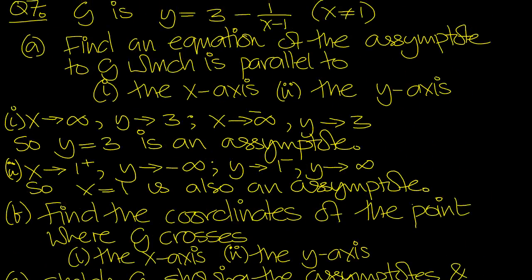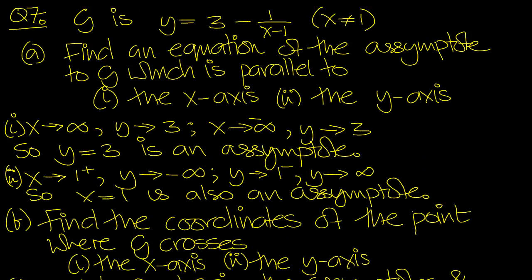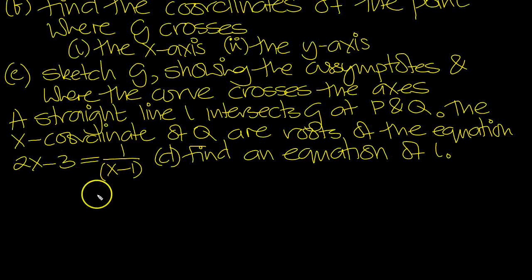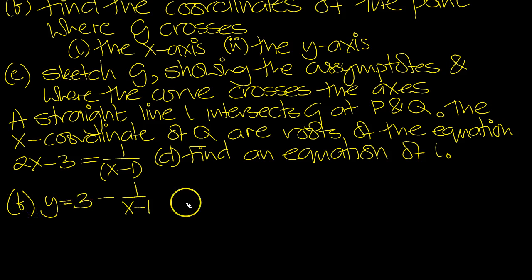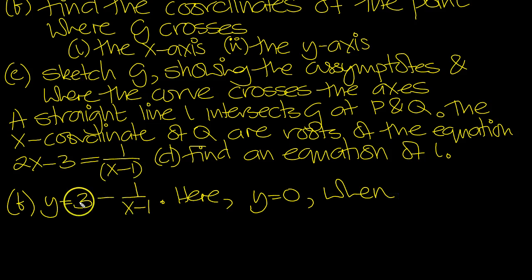So our curve is 3 minus 1 over x minus 1. Here y equals 0 when 1 over x minus 1 is equal to 3, isn't it?